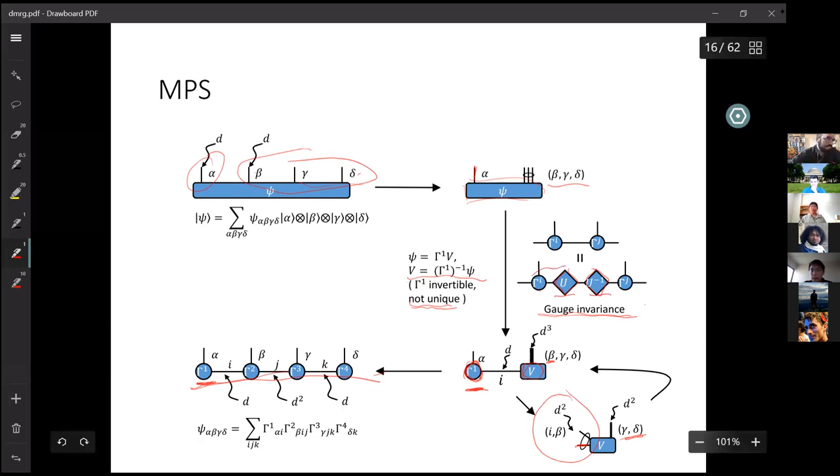Then we can absorb one part into the tensor on the left and the other part into the tensor on the right by contracting this bond and this bond. In this way, we get a different representation of a matrix product state, but the meaning of the wave function is still the same. This is why it's called the gauge invariance.